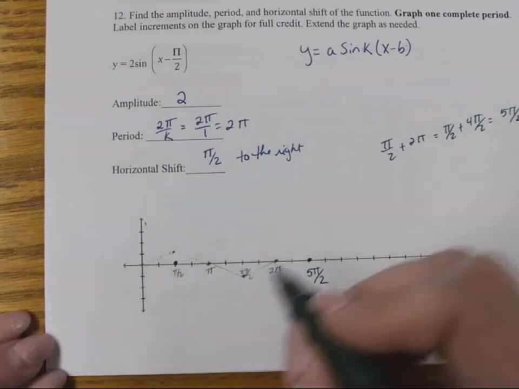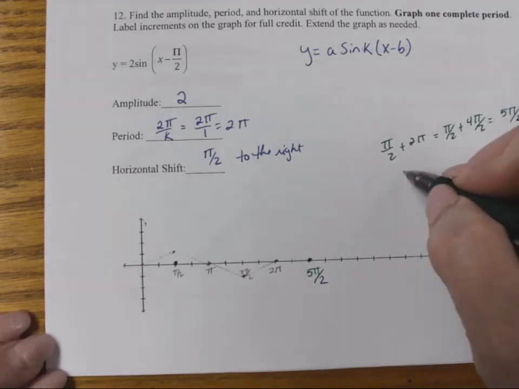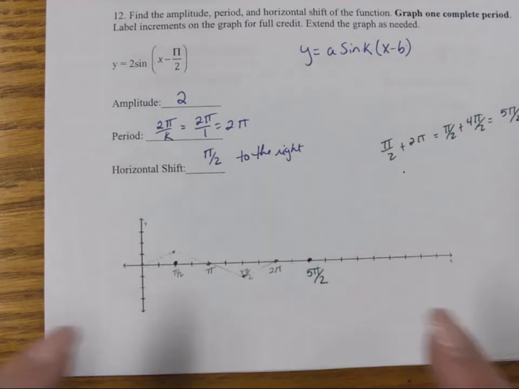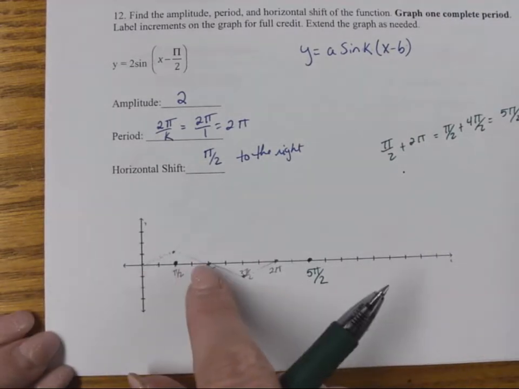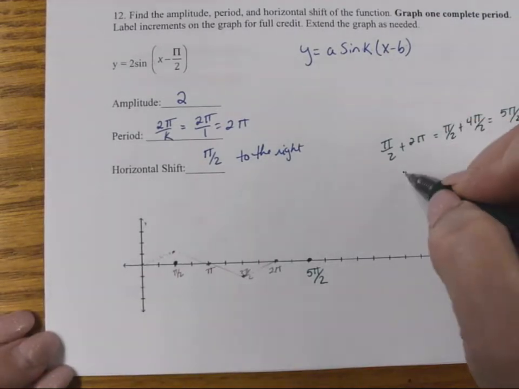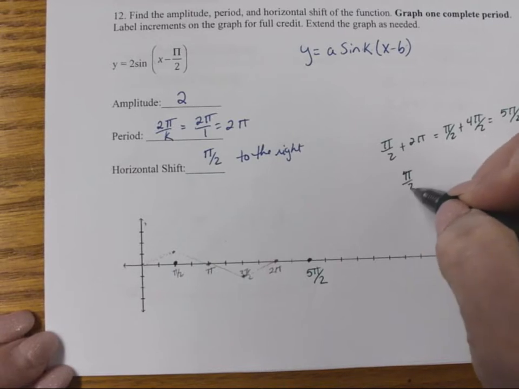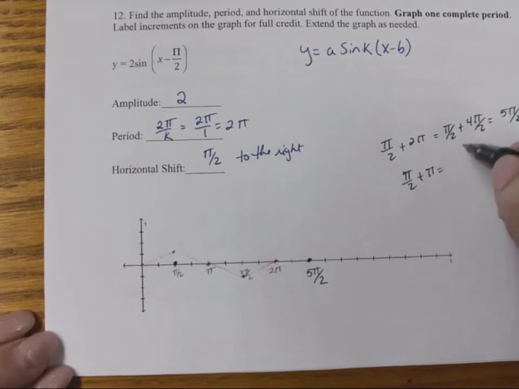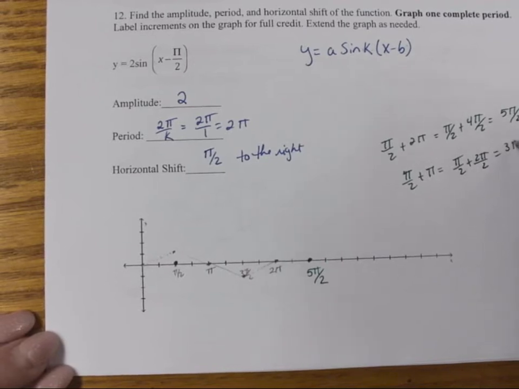And then if we want to find our middle spot, we can look at this very simply. Normally we would land at pi. If we take pi over 2 and add pi to it, that would be the same thing as pi over 2 plus 2 pi over 2, because that's 1 pi. It'll get us 3 pi over 2.